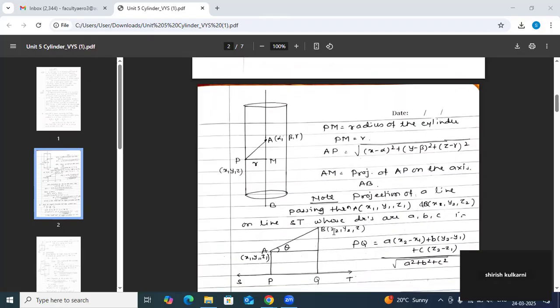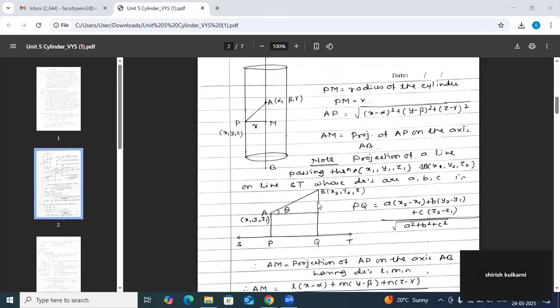The projection of the line passing through the points (x1, y1, z1) and B(x2, y2, z2). Clear? Now see the projection concept. You have to find out the projection. Projection of PQ is equal to, here you know the DRs, a, b, c are the DRs, and consider the second minus first: x2 minus x1, y2 minus y1, and z2 minus z1.